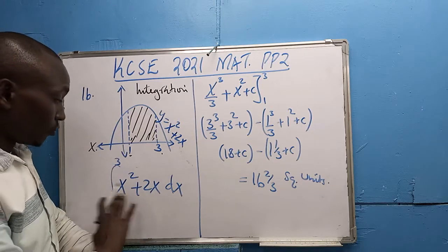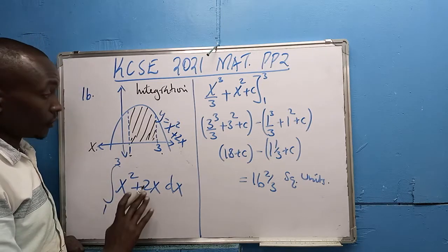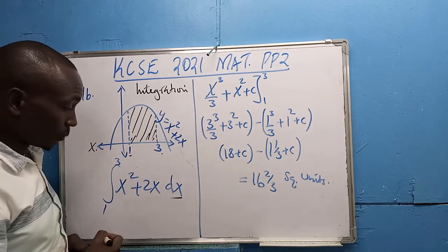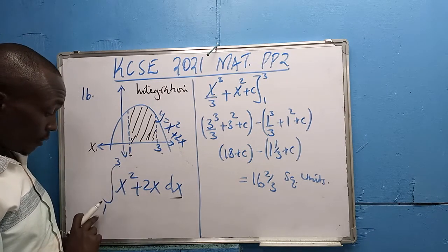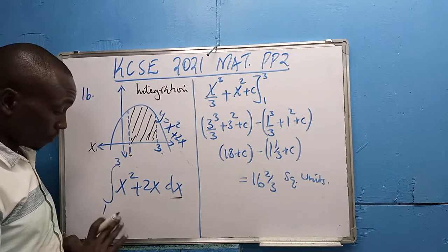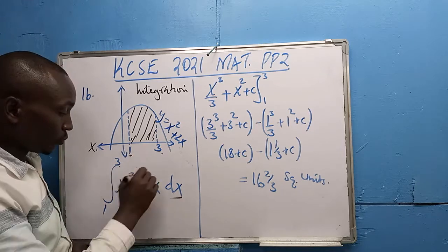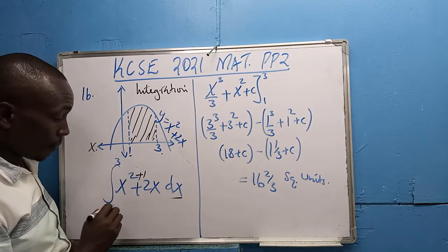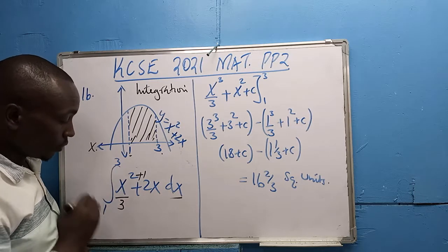So the student was supposed to integrate. You integrate the function that you're given with respect to x. And remember, you're given the definite integral from 1 to 3. With integration, you add 1 to the power, then you divide by the new power.